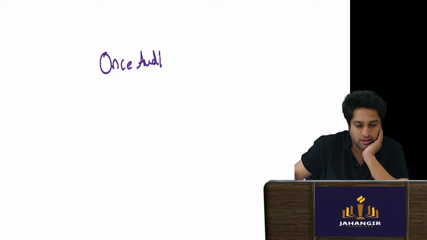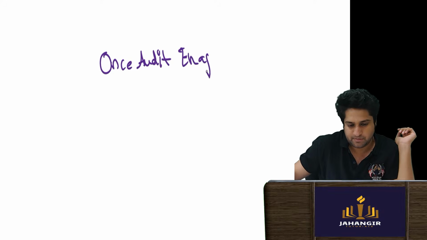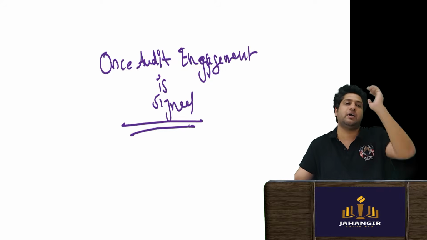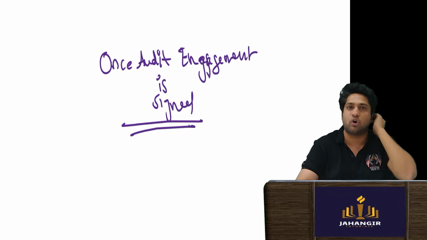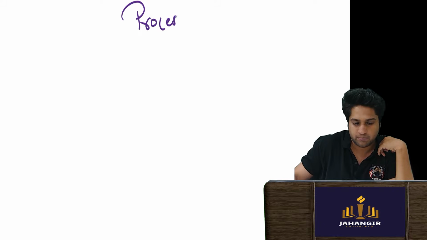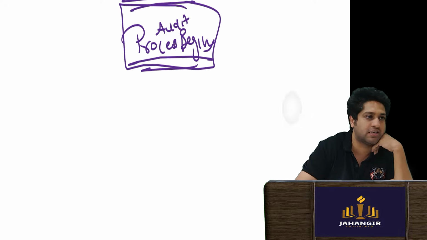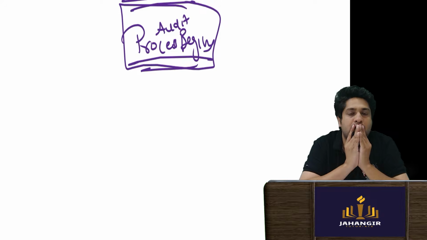My question to you. Very simple, the audit process. Once the audit engagement is signed, once we have appointed the auditor, then the process begins. Can anyone tell me what the process is?